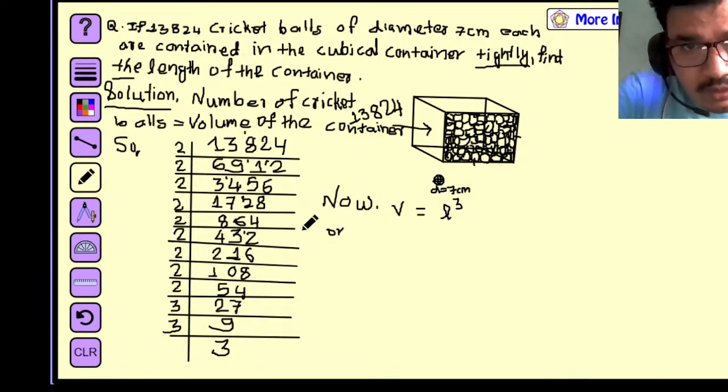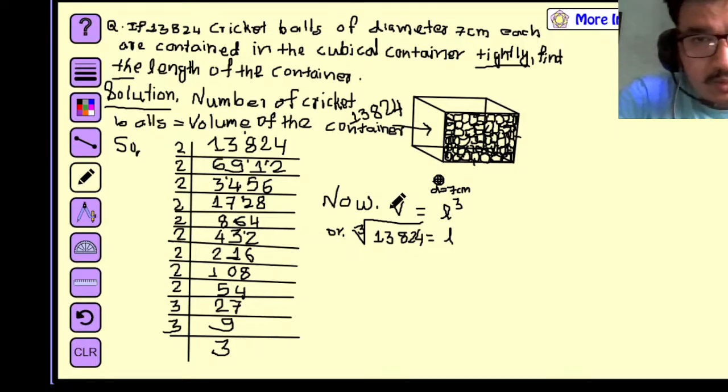That is, when you cancel by taking the cube root on one side, we put the cube root, mentioning 3 in the corner of the radical sign, of 13,824, and it is coming here as length.